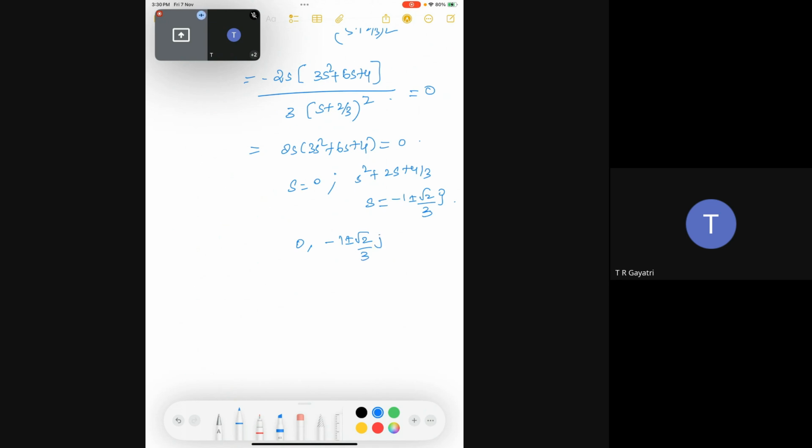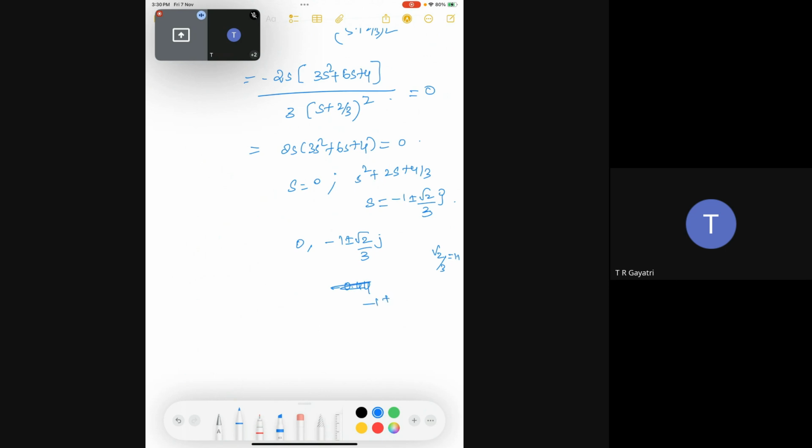What is root 2 by 3 now? 1.4. Minus 1 means minus 0.44.